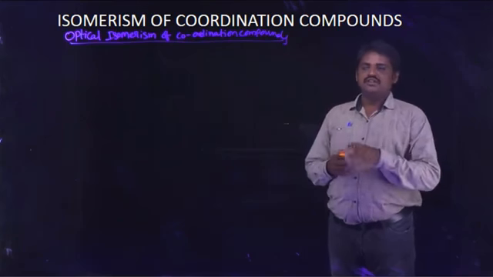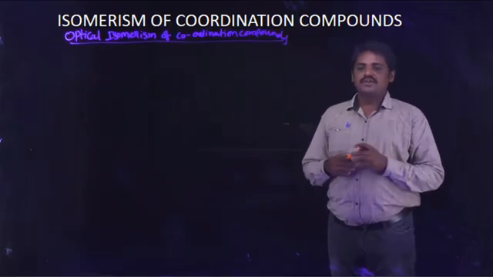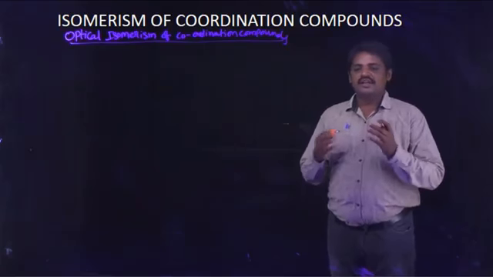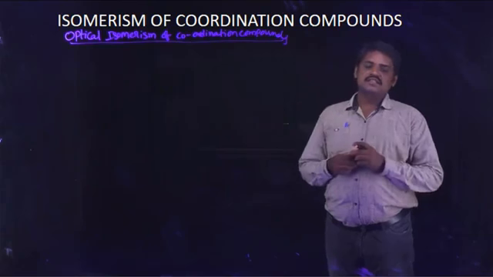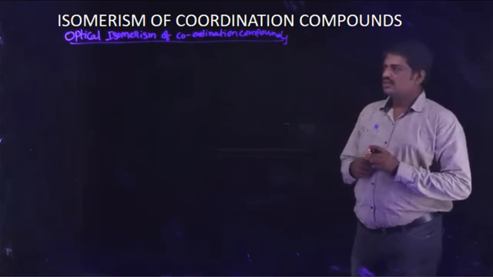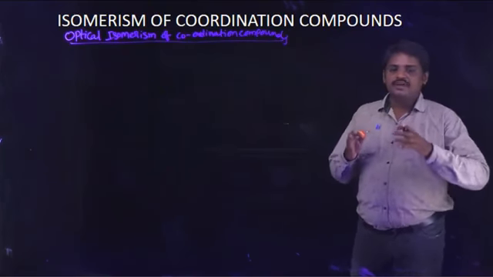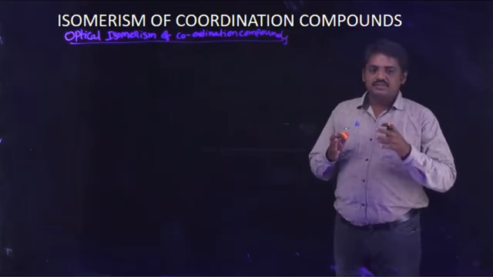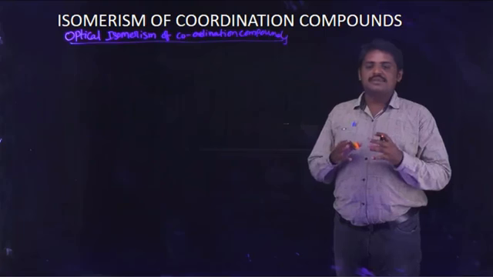But still, in this concept, which type of complexes are known as optical isomers? Optical isomers means the compound rotates the plane polarized light. That compound is known as an optical isomer, and that process is known as optical isomerism.